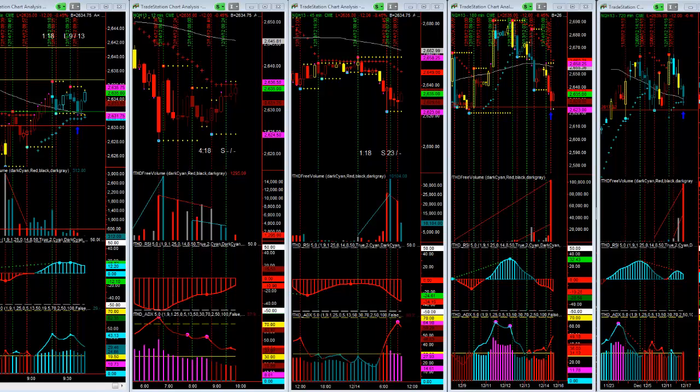We need to see the 12-minute ATR flip. We're only 3 ticks from that 12-minute ATR. We're about 6 ticks from Clipper 1. So the ATR needs to flip to get Clipper 1. But we definitely need to break this high. Right here. We need to break that high.